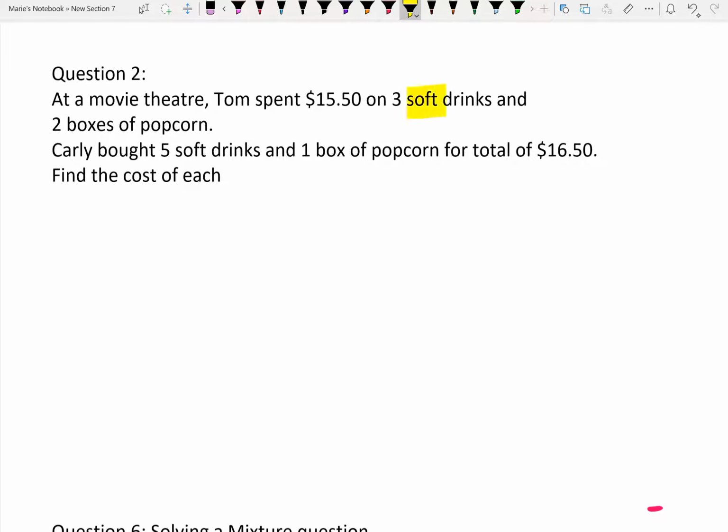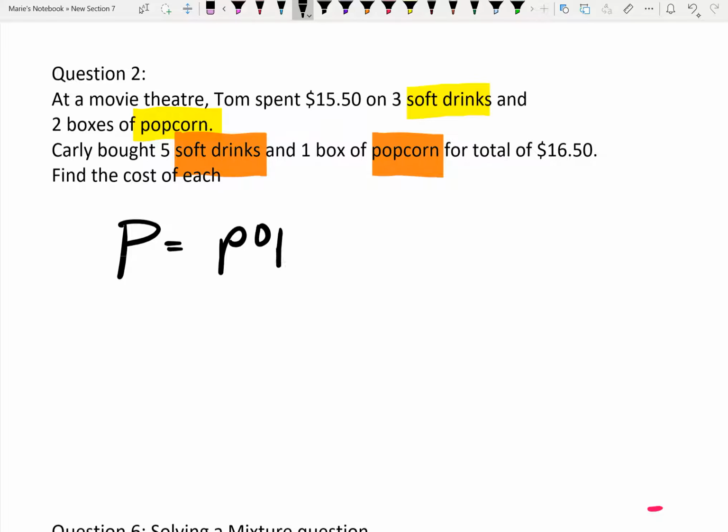So he bought soft drinks and popcorn. Carly bought soft drinks and popcorn. So your 2 variables are soft drinks and popcorn. Give them a label. So I used P for popcorn, and I used D for drink again.